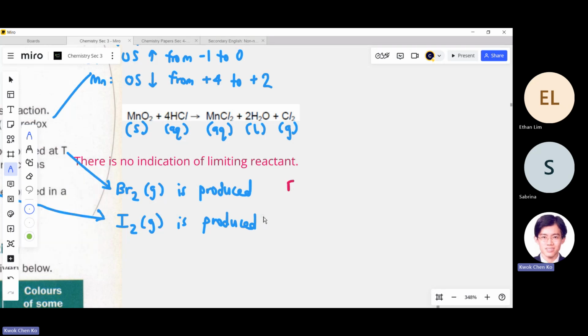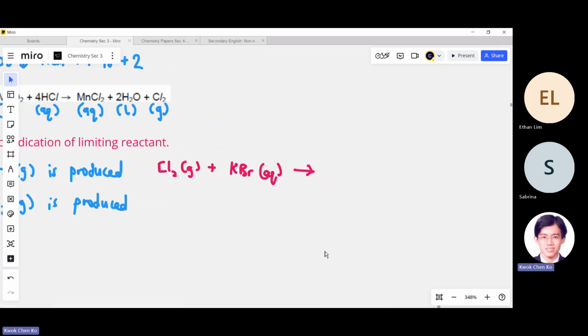So you have Cl2. Yes. You have KBr equals. It's still soaked in the ceramic wool, by the way. What happens is this. Make sure you can write this equation. You get Br2 coming out. Now, because of the heat, it is in vapor form.